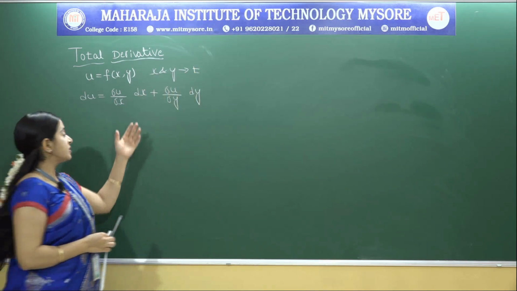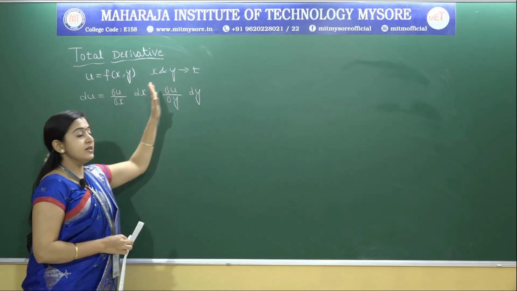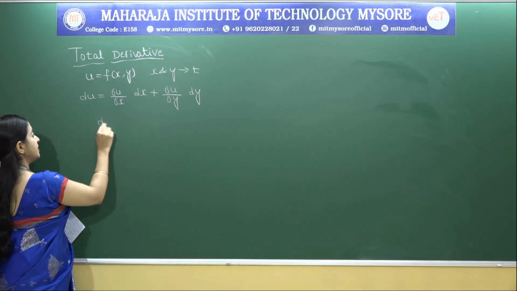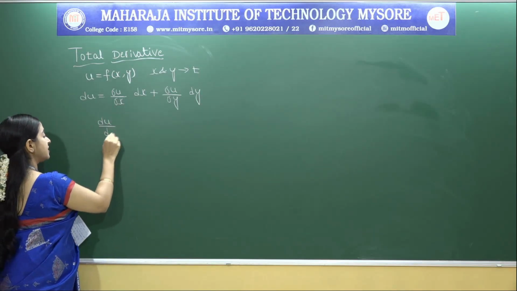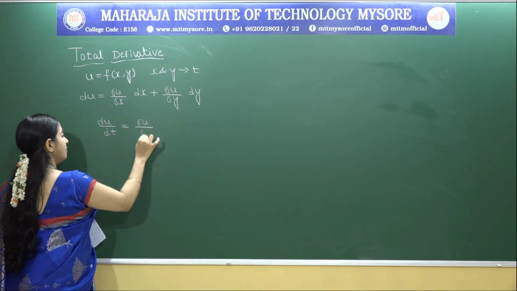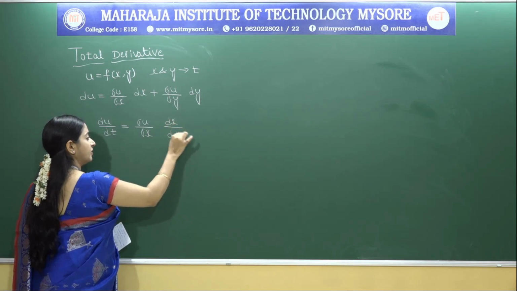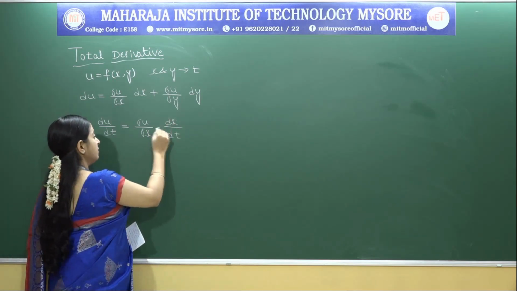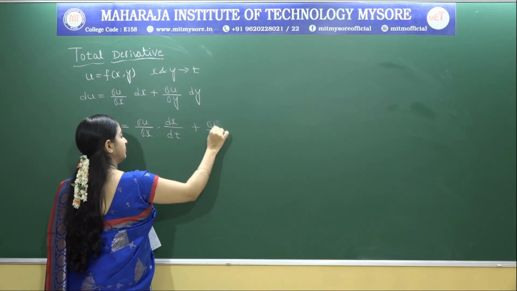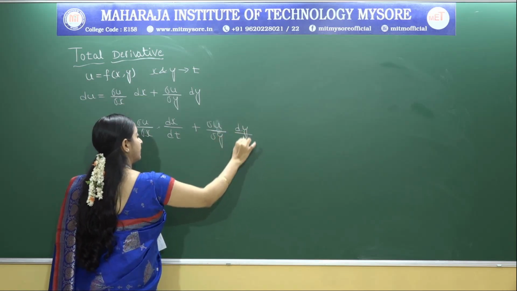Then u is called a composite function of the single variable t. That is, the same formula is reduced to du by dt equals del u divided by del x, dx divided by dt, plus del u divided by del y, dy divided by dt.